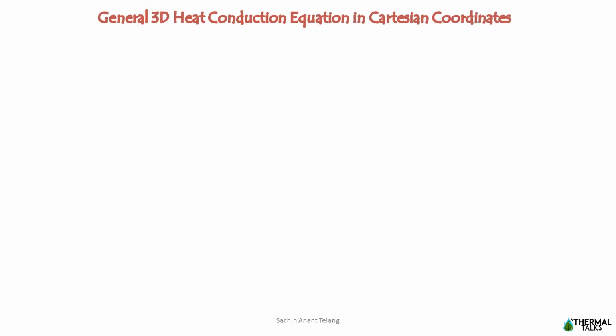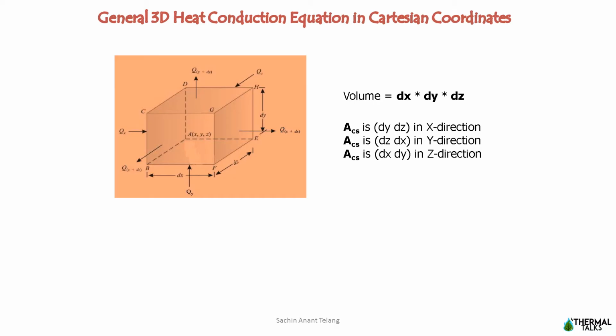Now let us derive the general three-dimensional heat conduction equation in Cartesian coordinates or rectangular coordinates. For that, I am going to assume a small volumetric element of dimension dx, dy, dz in direction x, y and z, and heat travels in all the 360 directions, but we are going to consider three directions x, y, z.